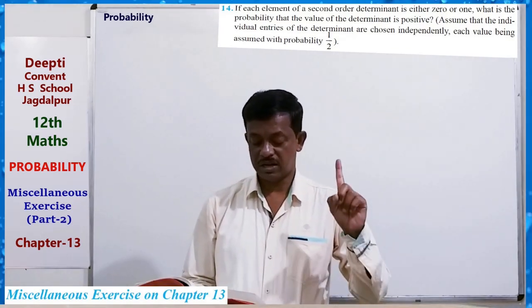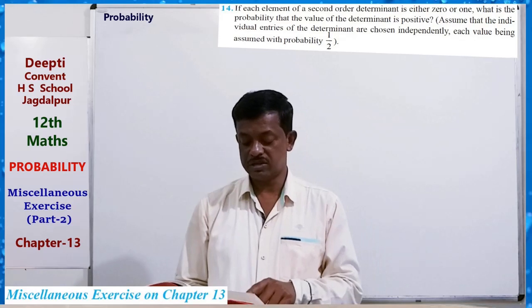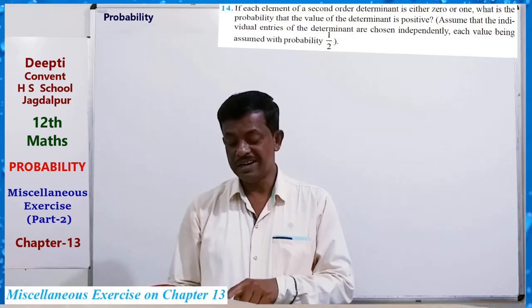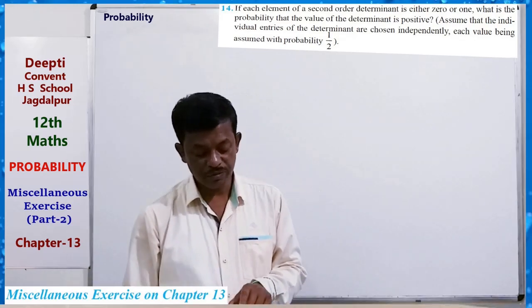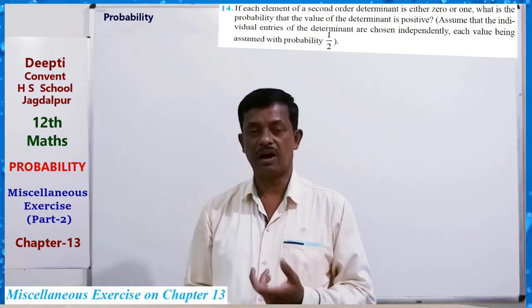Assume that the individual entries of the determinant are chosen independently, each value being assumed with probability half.